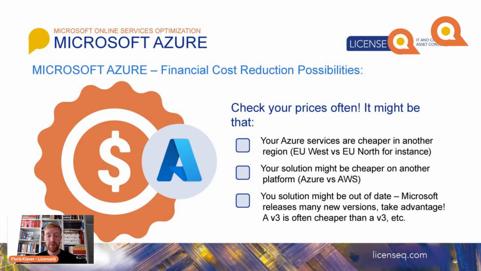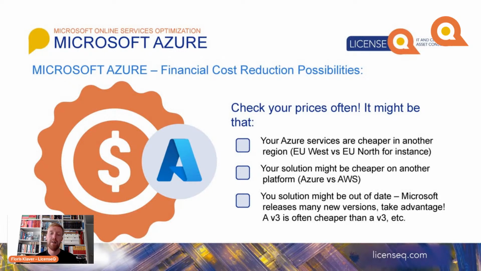Platform independence. So whenever you want to run a workload in Azure, you have a new project that needs to go towards the cloud, always do your due diligence. Please do it and check AWS, Google Cloud, even Alibaba. I don't know what other platforms are there, but it might be that there are large cost differences between these platforms.